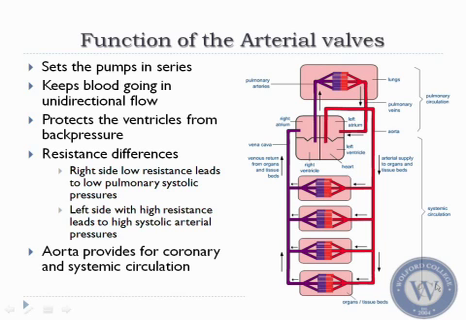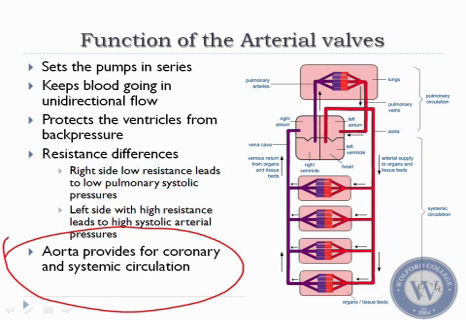So when the aortic and pulmonic valves close, they protect the ventricle from that. You should know the differences in resistance between the pulmonic and systemic circulation. And remember that the aorta provides all the coronary and systemic circulation. So if you lose the aorta, game's over. And usually it's a pretty quick death. If you see somebody rupture the aorta, they're down in about 2 seconds. It doesn't take long.